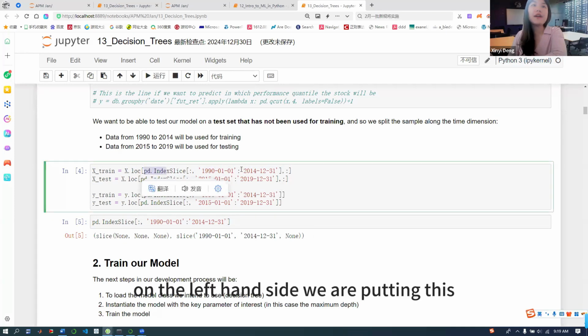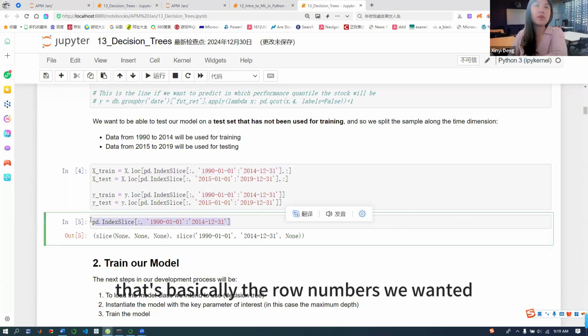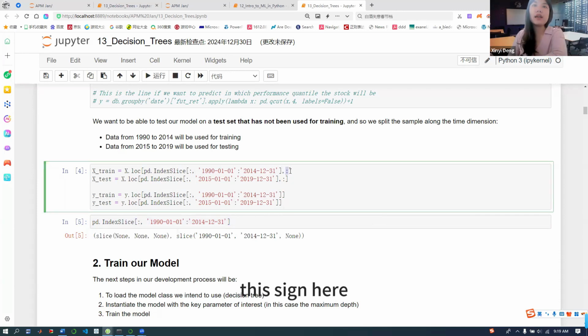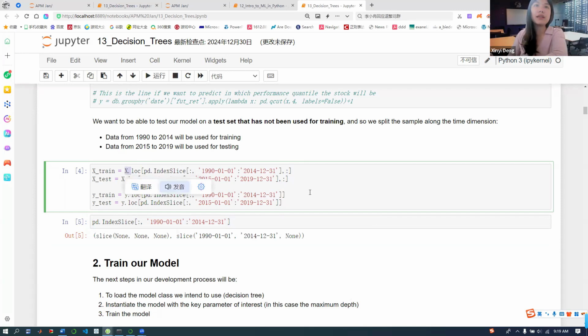Inside the loc, on the left-hand side, we are putting this index slicing, which gives the rows we wanted. And then this colon represents that we want all the columns. Remember that X is already containing 4 features, so we are taking all the columns because we want all the 4 features.